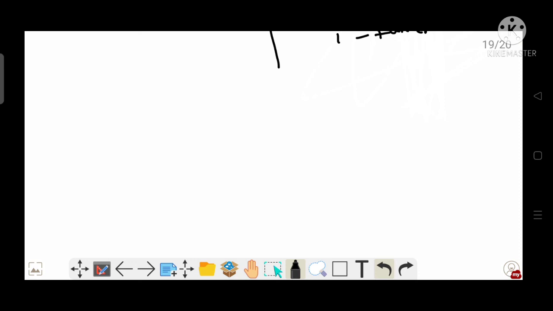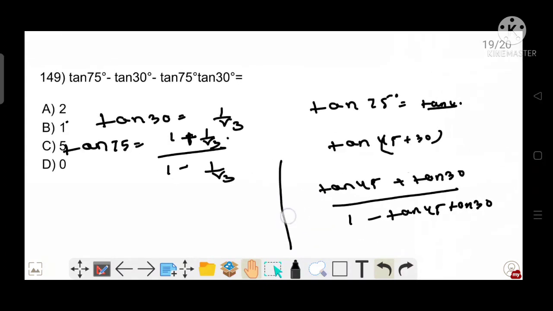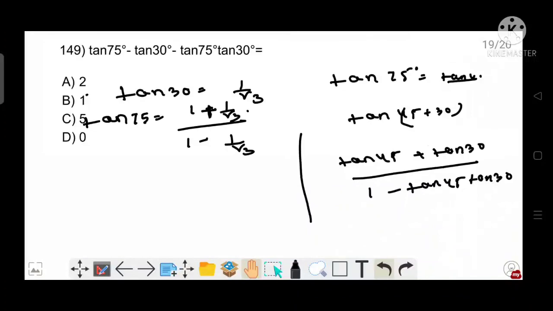Putting the value of tan 75, so put the value in the answer. Now 1 plus 1 by root 3 divided by 1 minus 1 by root 3 minus 1 by root 3 minus.